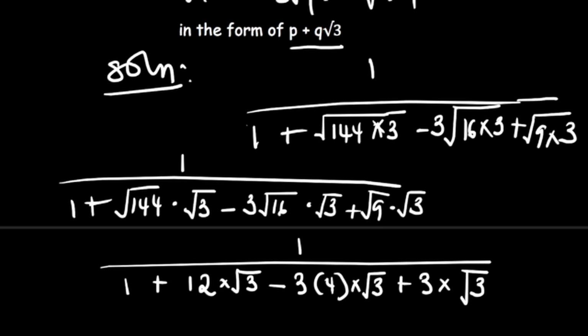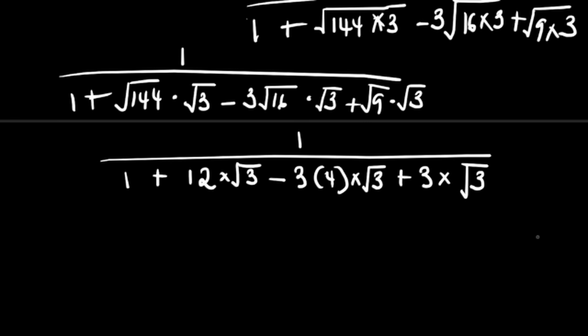You see now, we're able to break these big numbers apart, and we finally found perfect squares. That's the goal of simplifying surds. So let's proceed to clean this up.